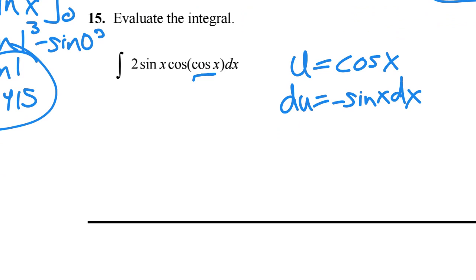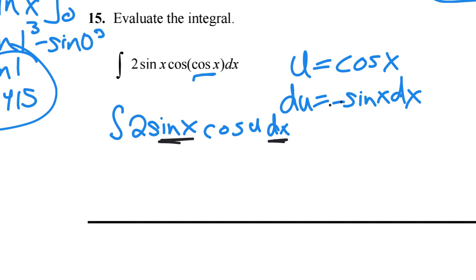So plugging in, this is going to be the integral of 2 sine x cosine u dx. Then I have this and this, but I'm missing a negative. So if I want to add a negative there, I've got to add a negative out front. I'm going to pull this 2 out front too, because it's a coefficient, so we're good.